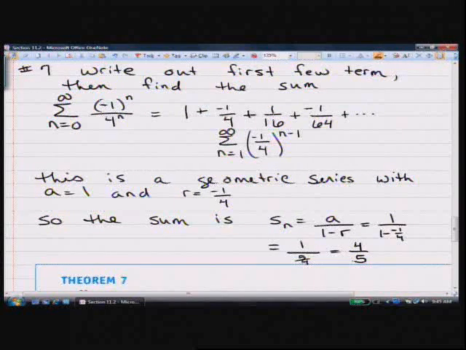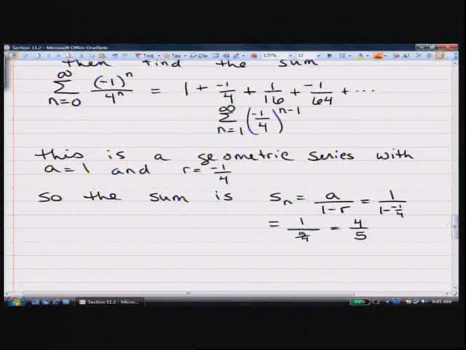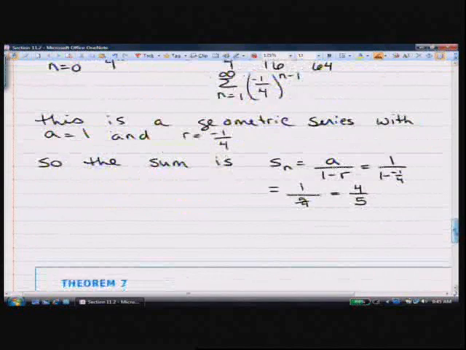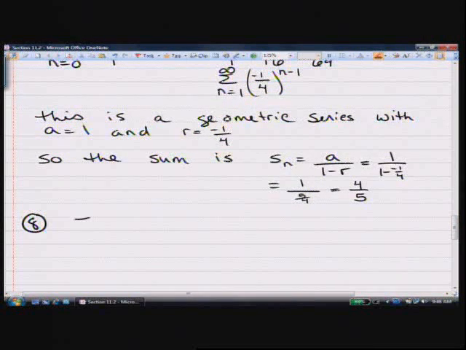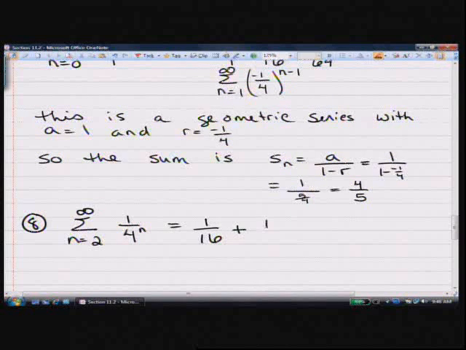Okay? All right, let's try another problem. Here's number 8. It says the sum as n goes from 2 to infinity of 1/4 to the n. Okay? So if we write out the terms of this sequence, it would be 1/16 plus 1/64, since 4 cubed is 64, plus 1 over 256, plus continuing on in that manner.